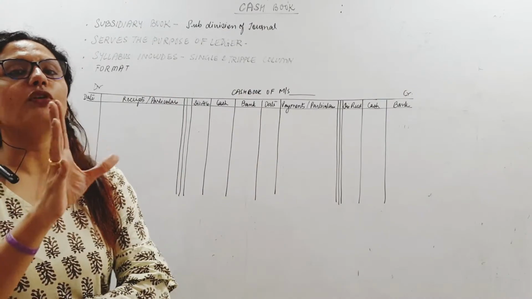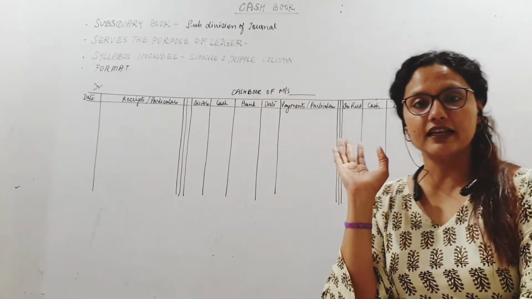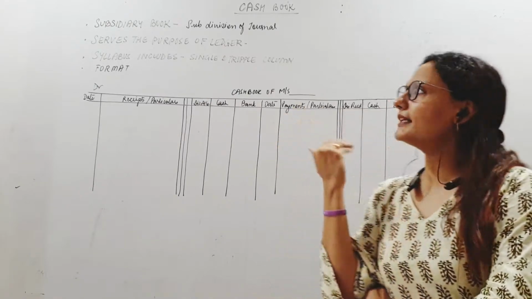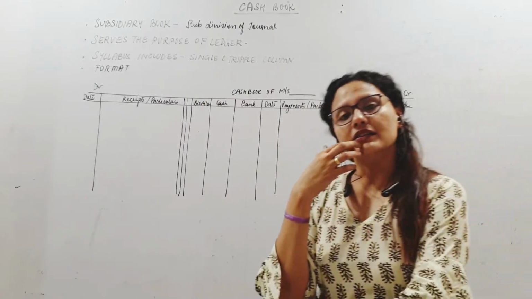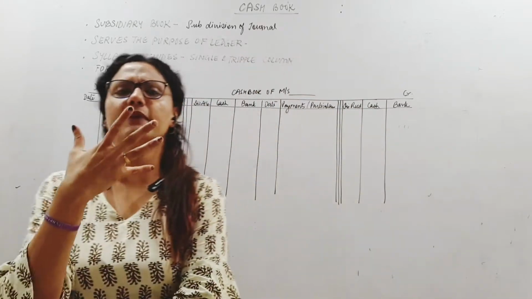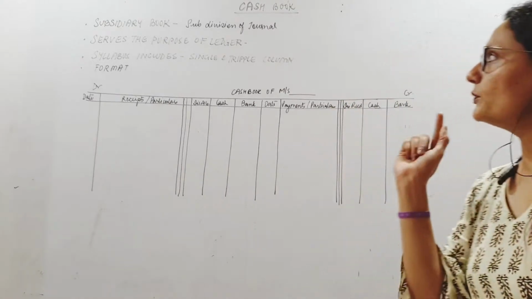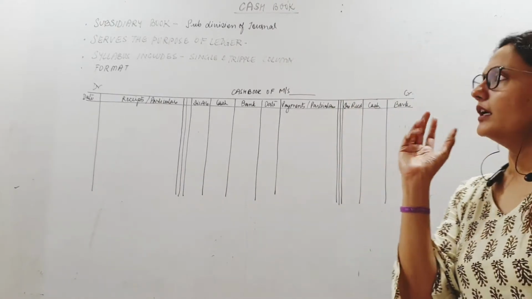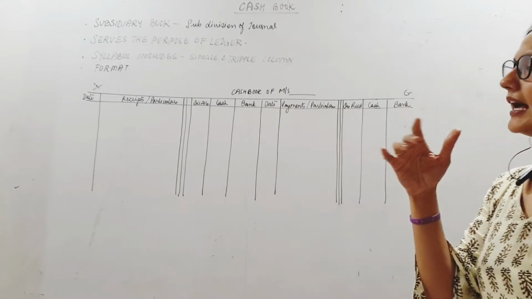Because all of those transactions related to that account are entered there. So my cash book, in spite of being a journal, gives me all information that a ledger account would give. Therefore, a cash book is always referred to as a combination of journal and ledger.